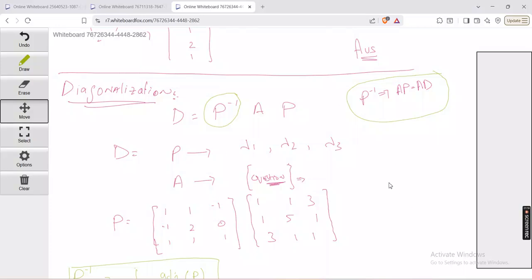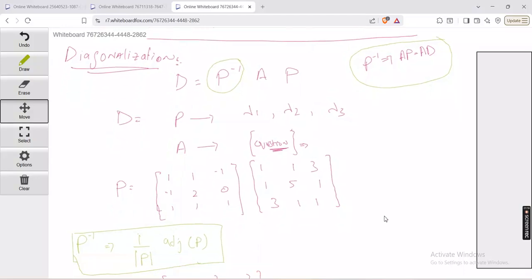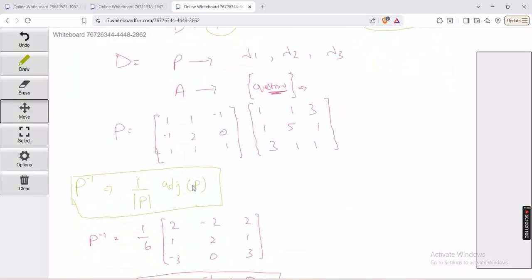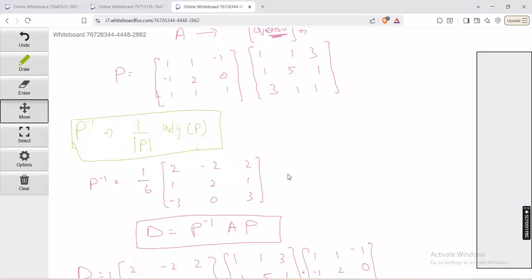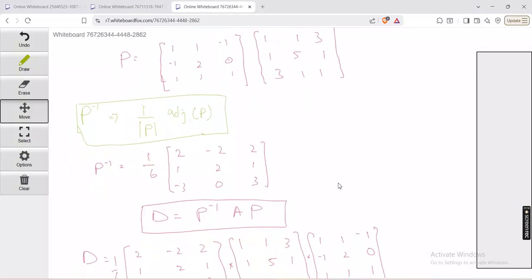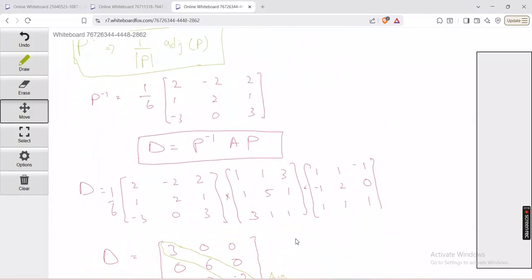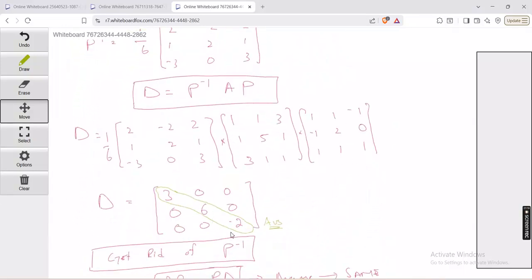It's up to you if you want to find my P inverse, but the value for P is the value of the eigenvectors. A matrix is the matrix which will be given in the question. And if you want to do it by this method, you are most welcome. No problem. Answer will be the same for all of them. That will take time. So that's why I just show you that if you want to do it by the inverse method, it's like this. And your answer will be this 3, 6, minus 2.